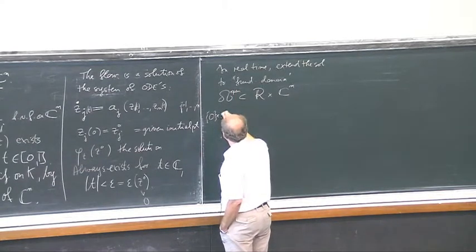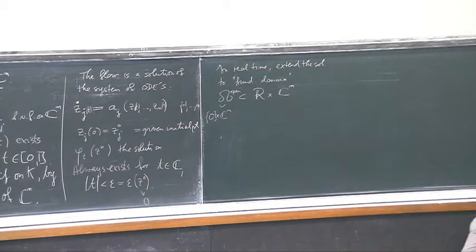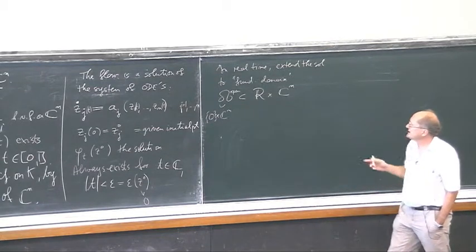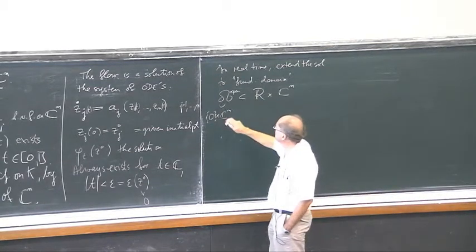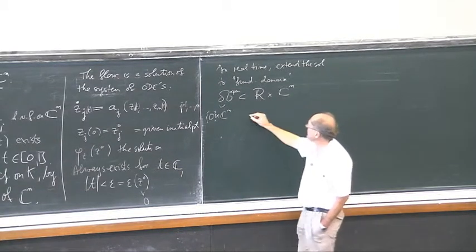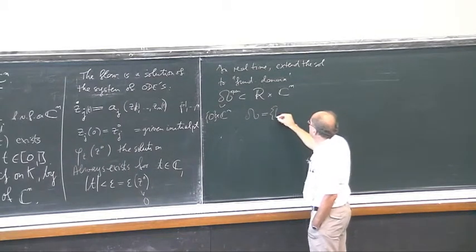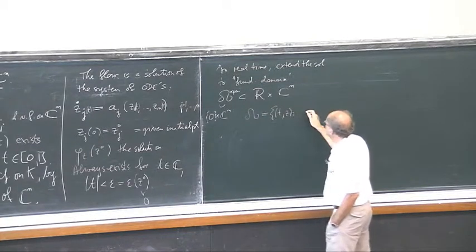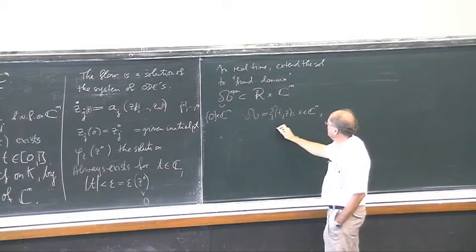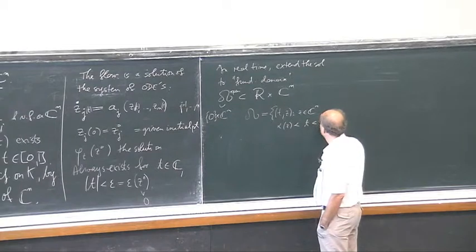It contains 0 cross Cn, so time equals 0 is always there. You get the largest domain for which this thing exists. And such that, of course, Omega is a union, in the time variable, of intervals. So Omega is really of the form: the set of (t, z), where z is arbitrary, but t is between two functions, alpha of z less than t less than omega of z.